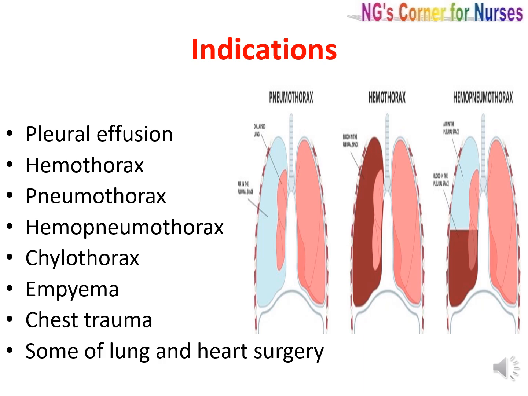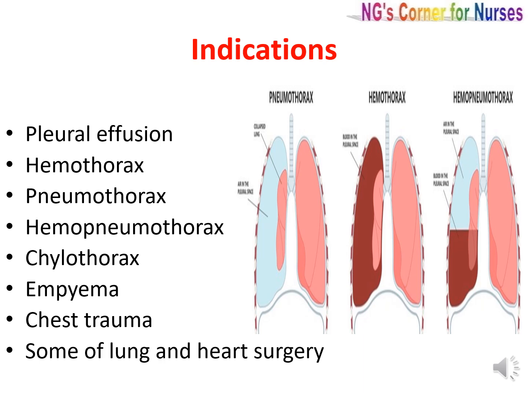Next, coming to the hemopneumothorax. Hemo and pneumo. That means there is an accumulation of blood and air within the pleural cavity. Next is chylothorax. Chyle in the pleural cavity. It is a rare condition in which lymphatic fluid leaks into the space between the lung and the chest wall.